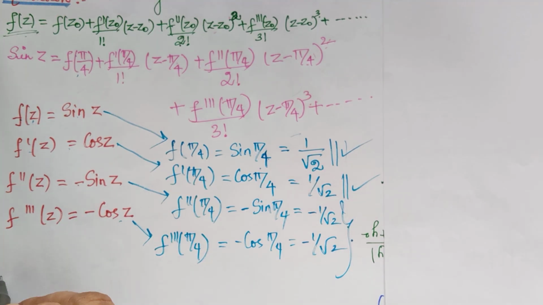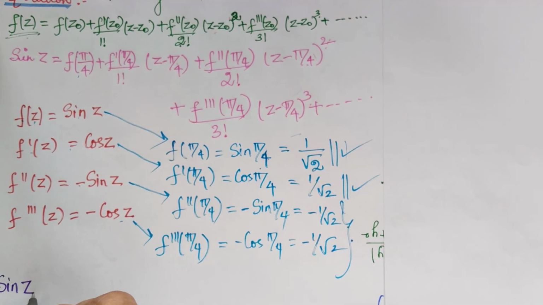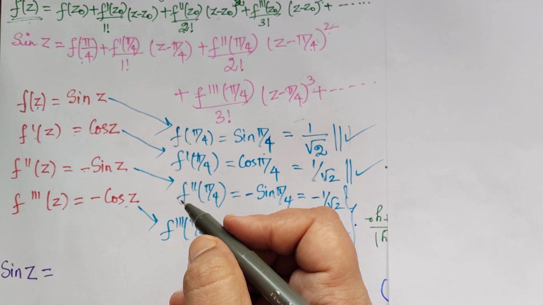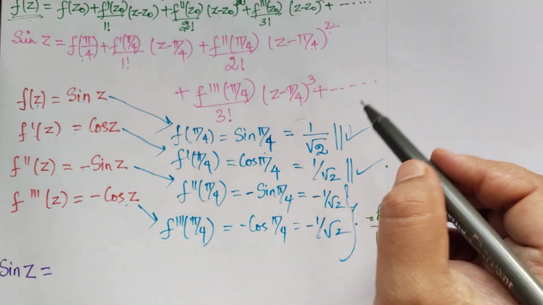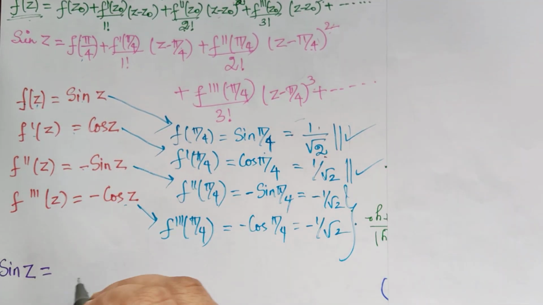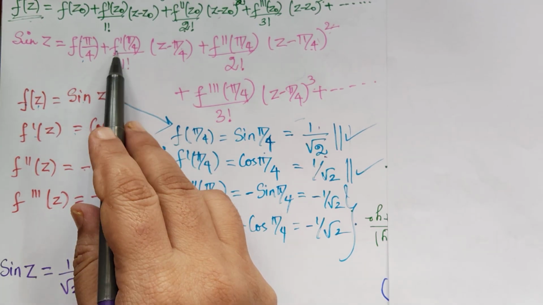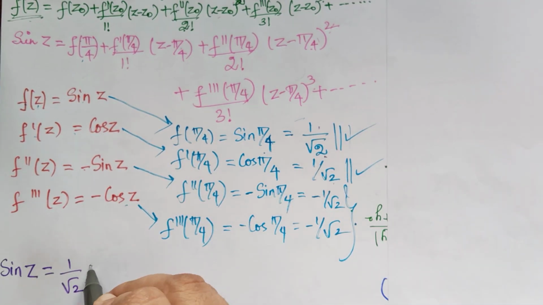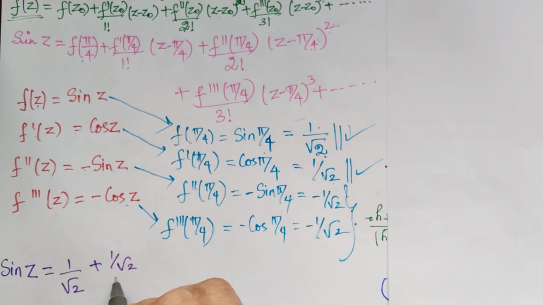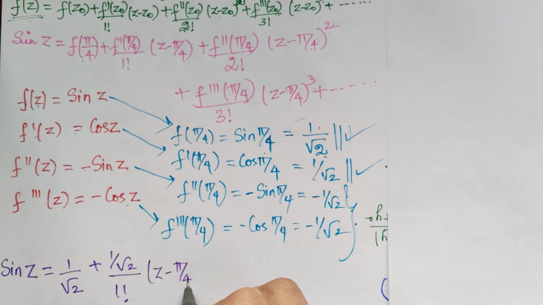So therefore the expansion turns out to be sine z is equal to, what is f of pi by 4? It is 1 by square root of 2. So 1 by square root of 2 plus f dash of pi by 4 is 1 by square root of 2 divided by 1 factorial multiplied with z minus pi by 4.